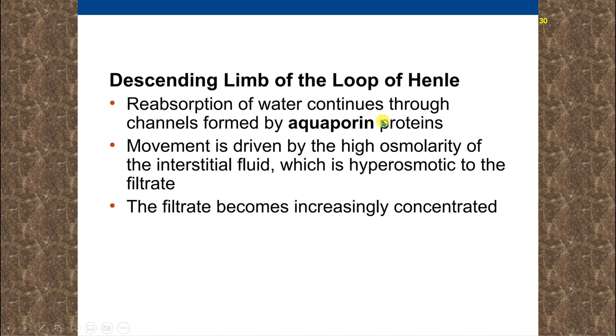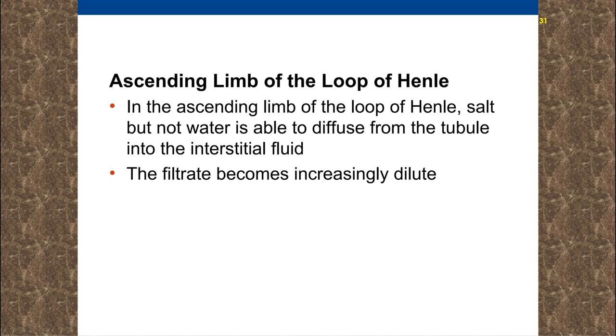And the loop of Henle has a descending and an ascending limb. The movement is driven by the high osmolality of the interstitial fluid. So the filtrate becomes increasingly concentrated here, more and more absorption takes place. In the ascending limb of the loop of Henle, salt but not water is able to diffuse from the tubule into the interstitial fluid.